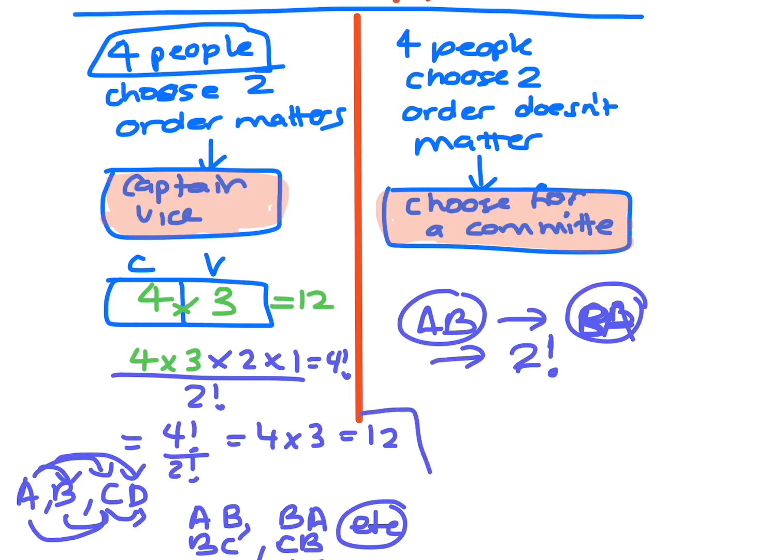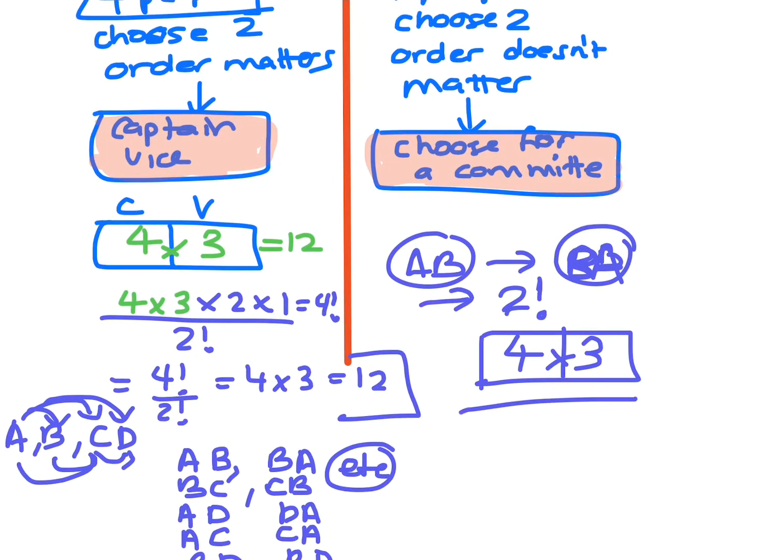Okay, so you're doing the same thing, like you've got your box and you go 4 times 3 choices, but then what you need to do is divide by 2 factorial, and there'll actually be 6 ways.